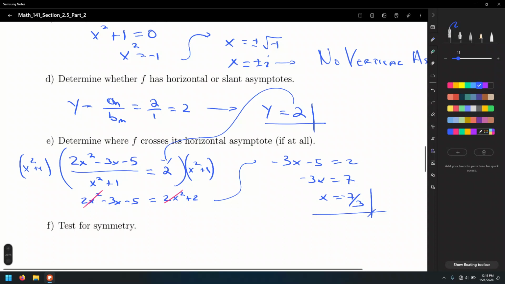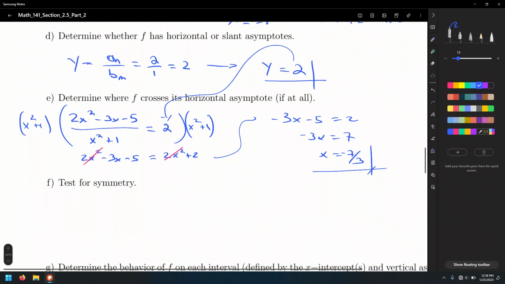Testing for symmetry, let's see. Again, get the original function, replace every instance of x with negative x, and all we do is simply replace, and then minus 3 times the negative x minus 5 over negative x quantity squared plus 1.